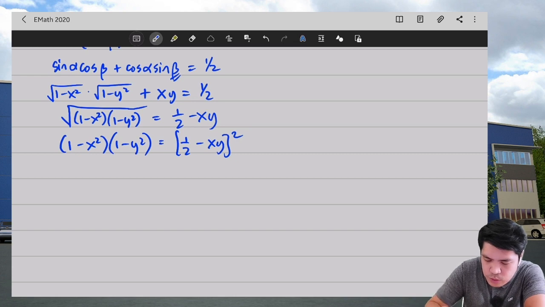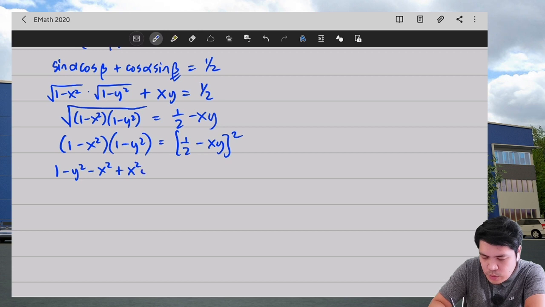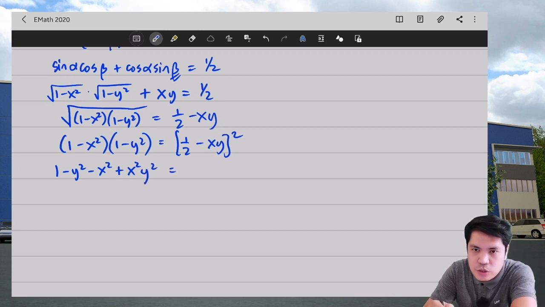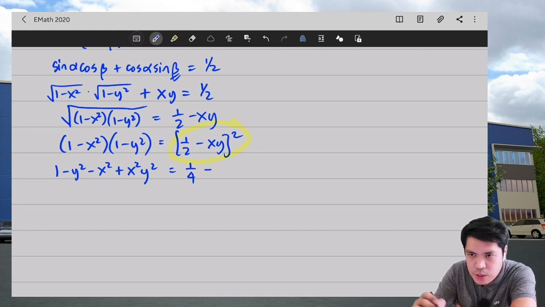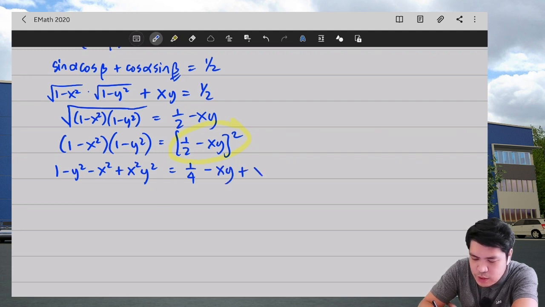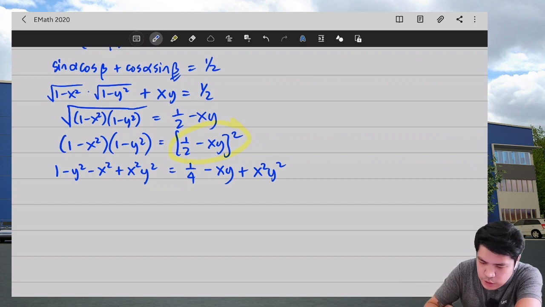Then by FOIL method, we'll have 1 minus y squared minus x squared plus x squared y squared. And by binomial expansion, if we just square this binomial, that would become 1/2 squared, so that's 1/4, minus 1/2 xy minus 1/2 xy, so that's minus xy. Then plus x squared y squared. Okay, so in-expand lang natin siya. And if you notice, parehong may x squared y squared, so cancel out na lang.